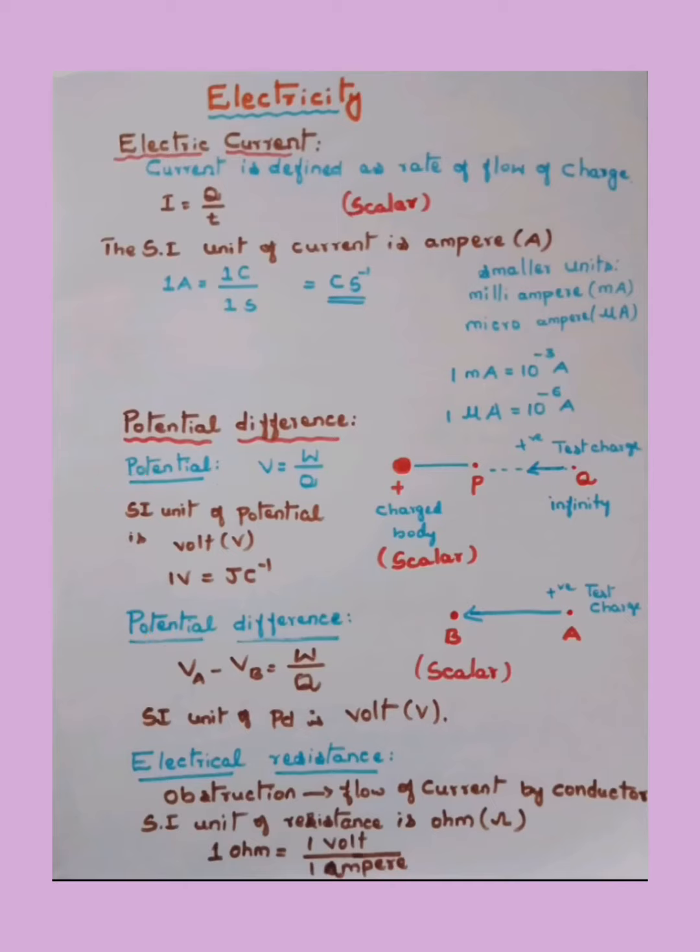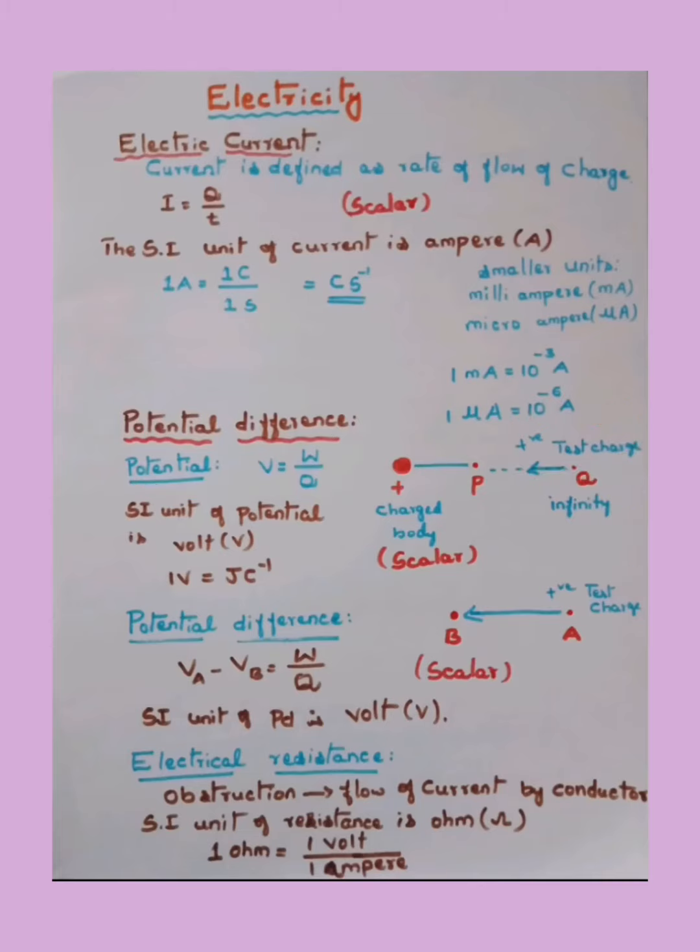Potential at a point is defined as work done per unit charge in bringing a positive test charge from infinity to that point. I repeat, potential is defined as the amount of work done per unit charge in bringing a positive test charge from infinity to that point.